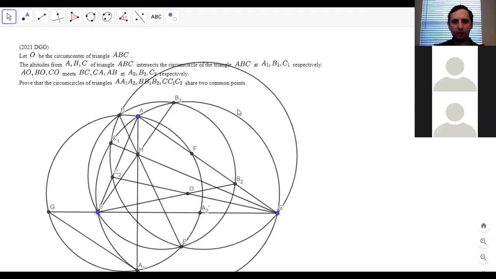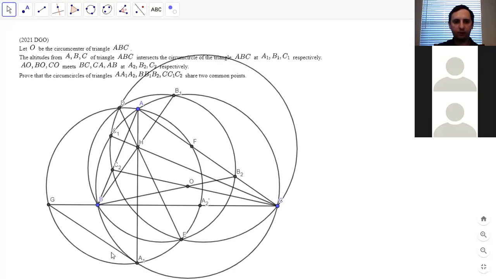Oh, G. Yeah, G right here. G is the intersection of the circle BAEA1 with BC. So I proved that BAEA1 is cyclic.